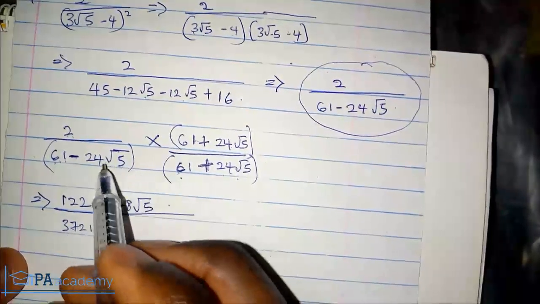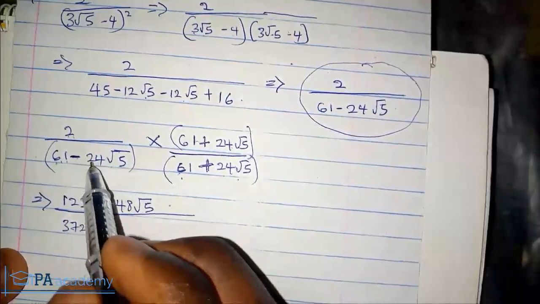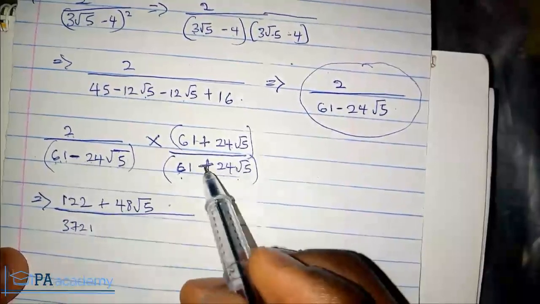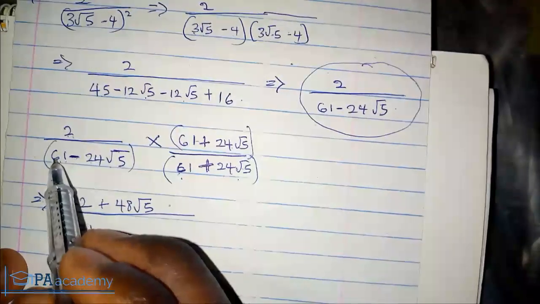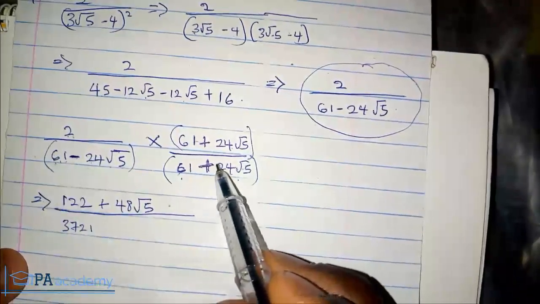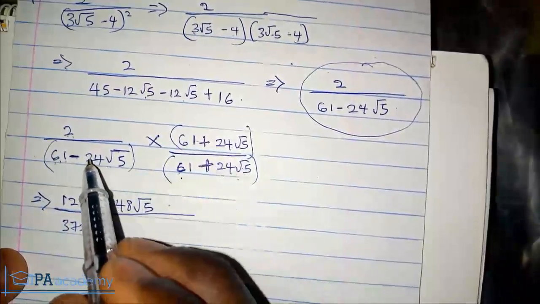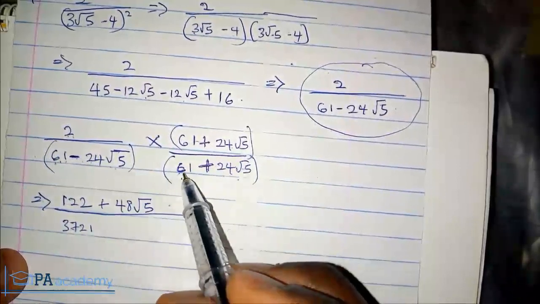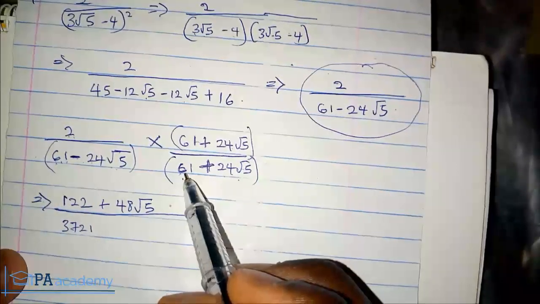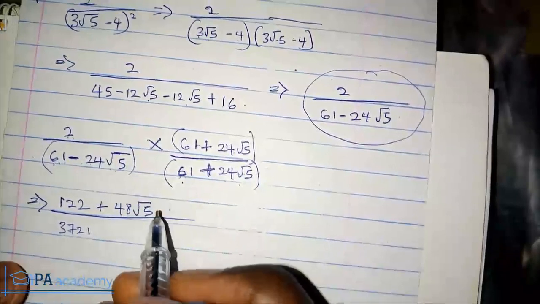So we can go ahead and multiply minus 24 root 5 by plus 24 root 5. The reason is, if you multiply 61 by plus 24 root 5 and then minus 24 root 5 with 61, they are going to cancel each other.